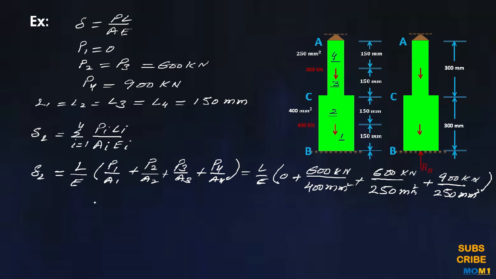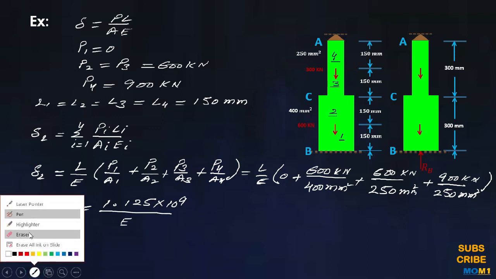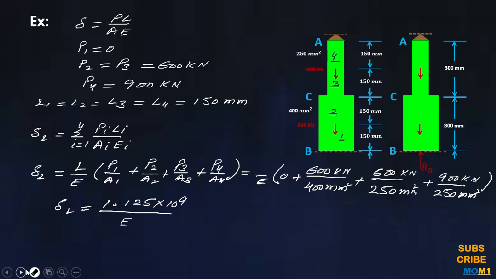Now after solving this we get del L equal to 1.125 into 10 raised to the power 9 upon E. Sorry, we have already used here the value of the length, that is the same for each case, 150 millimeter. So after solving this we get the value without that support.